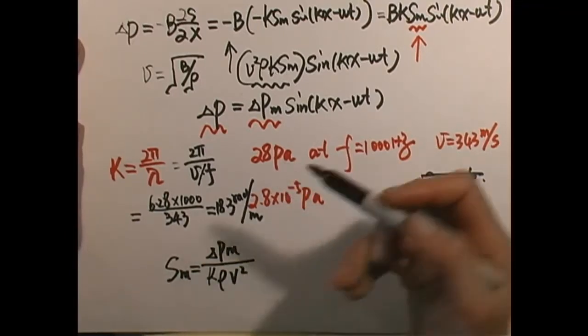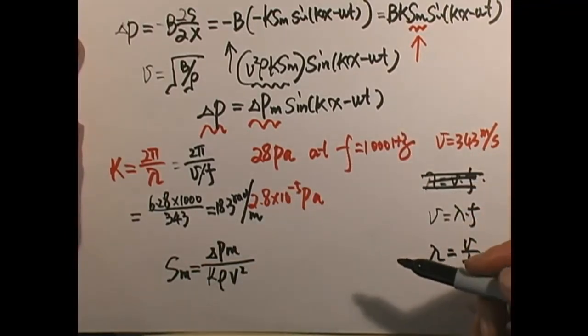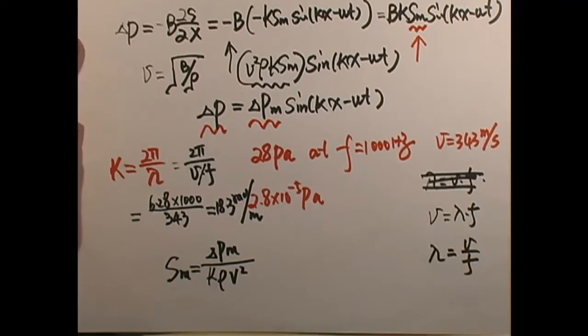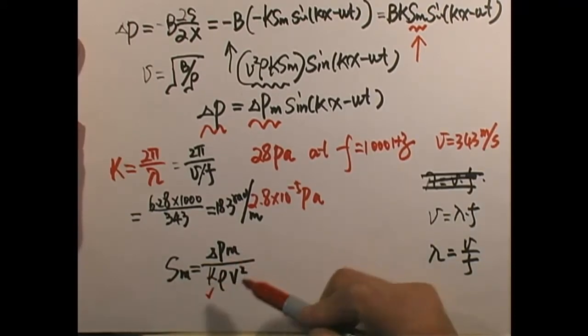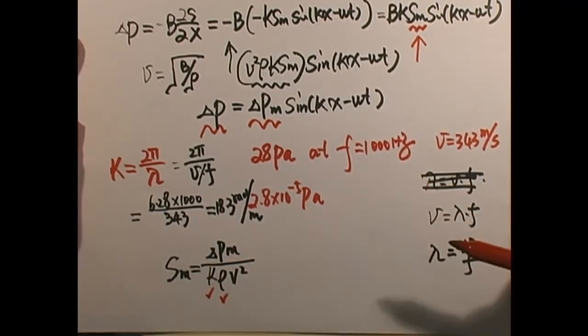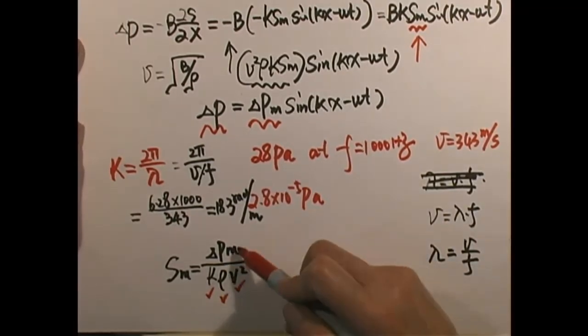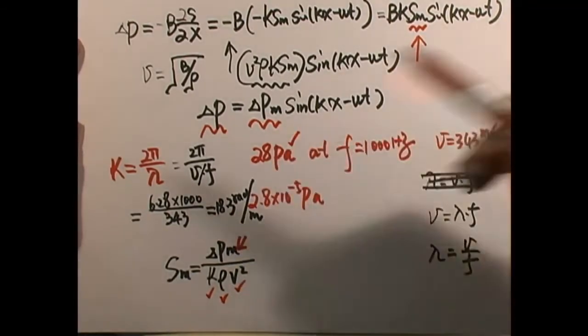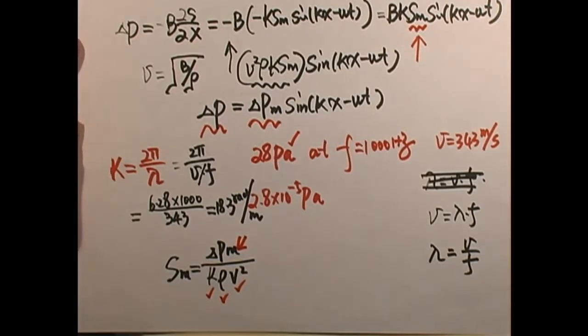Now, the density of air at room temperature is around 1.28 kilograms per cubic meter. Since we already solved for the wave number k, and we know the density of the air and the speed of sound, 343 meters per second, we can plug in the maximum pressure change, 28 Pascal, in SI units.